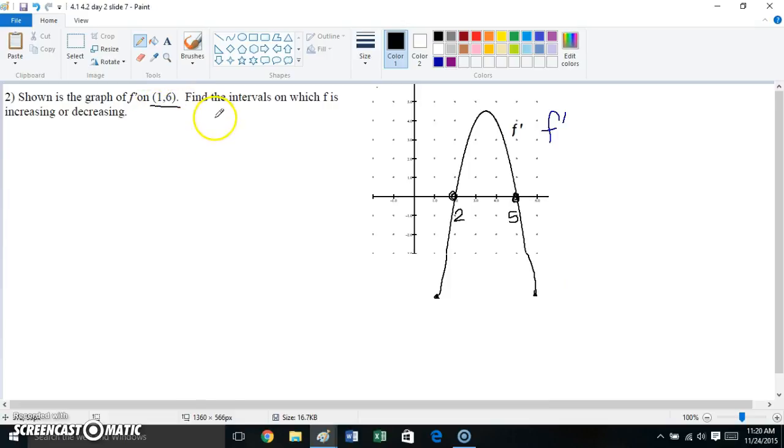It says find the intervals in which f of x is increasing and decreasing. Well, if we have our derivative, we know when our derivative is positive and negative. So remember, when f prime of x is positive, which happens on the interval from 2 to 5, f of x is increasing.